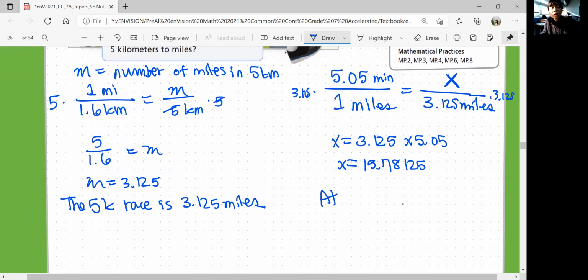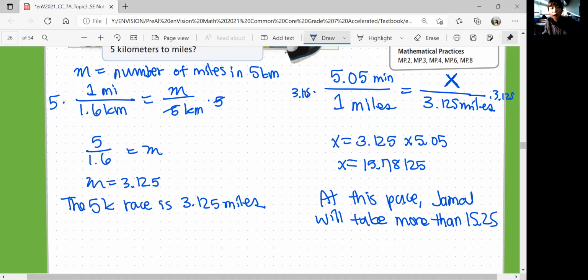So conclusion, at this pace, Jamal will take more than 15.25 minutes to run 5K.